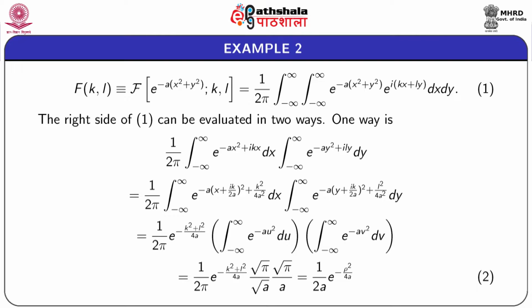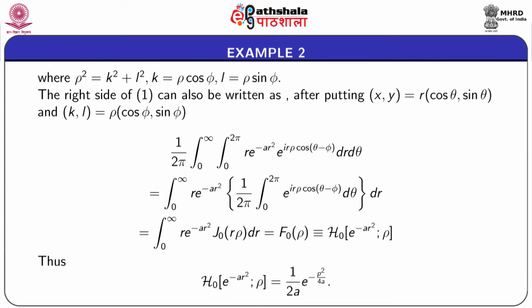These two integrals can be evaluated in terms of gamma function. So, we obtain 1 by 2 pi e to the power minus (k square plus l square) by 4a, root pi by root a into root pi by root a, and that is equal to 1 by 2a e to the power minus rho square by 4a, as given by equation 2, where rho square is k square plus l square and k is rho cos phi, l is rho sin phi.